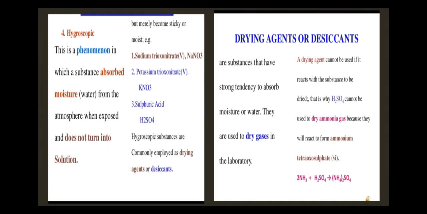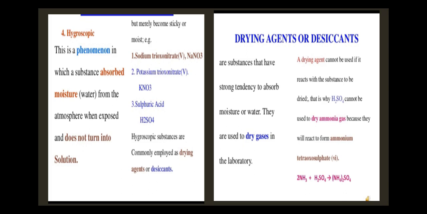Next are hygroscopic salts or substances, or drying and dehydrating agents. So only definitions you have to learn for that. This is a phenomenon in which a substance absorbs moisture from the atmosphere when exposed and does not turn into a solution. Those substances are called hygroscopic substances.